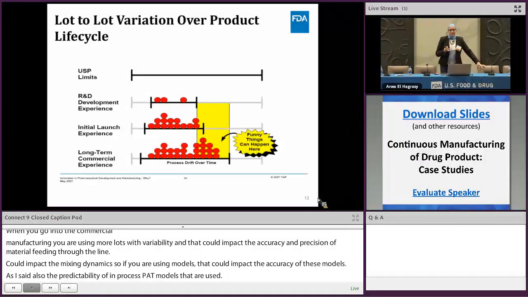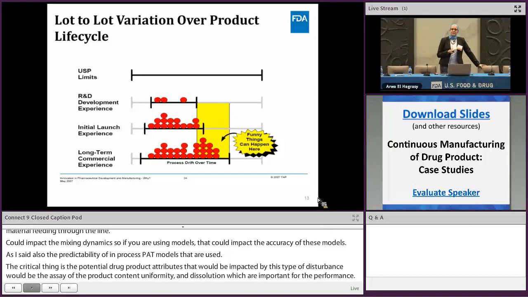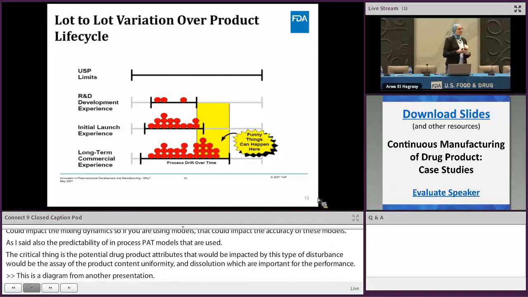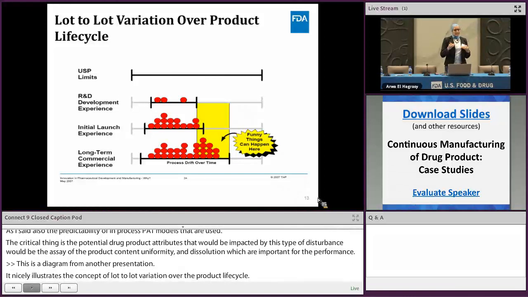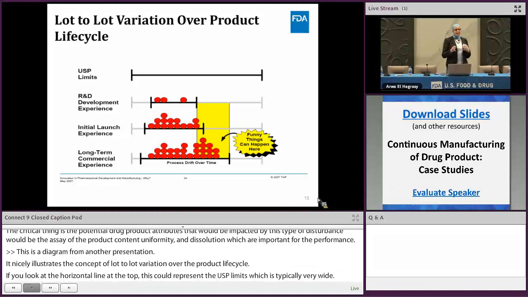And this is a diagram which was from another presentation, but it really nicely illustrates the concept of lot-to-lot variation over a product life cycle. If you look at the horizontal line at the very top, this could represent the USP limits for excipients, which is typically very wide. And then as you move down, you see that during R&D development, the experience is limited with a lot-to-lot variability, and you're operating within a small range, where you get reasonable results and no problems.